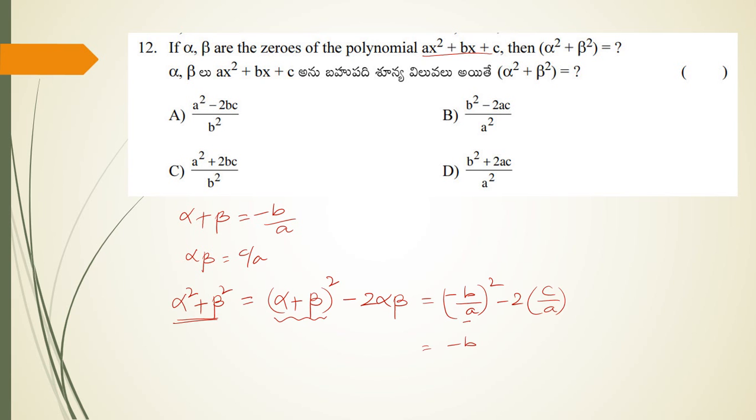Minus b square becomes plus b square, right? So b square by a square minus, and here the denominator contains a square, so to make this a square, I am going to multiply and divide by a. So from this, what is the answer? b square minus 2ac by a square. So option B will come, right?